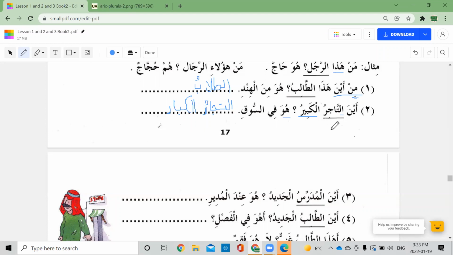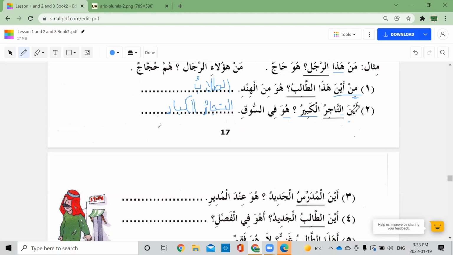And the meaning? Min means from. Min aina means from where. Just aina is where. Where are these big merchants?